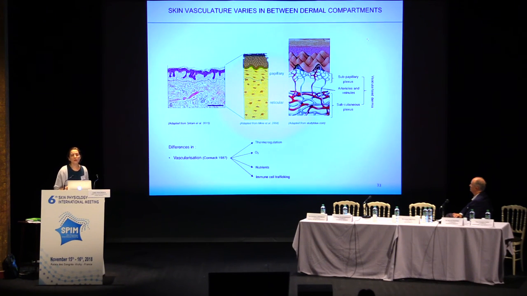As a result, the papillary dermis is much more vascularized than the reticular one, and the nature and morphology of the vessels of these two compartments differ. However, to this day, there is no clear explanation for this difference in vascularization.